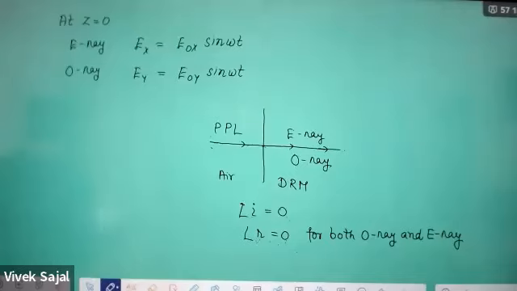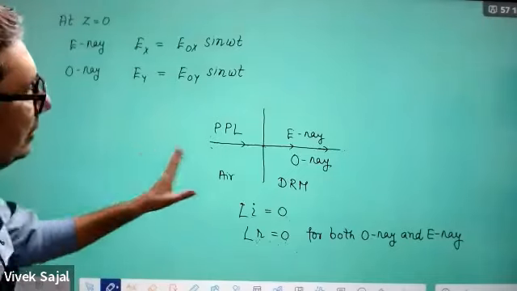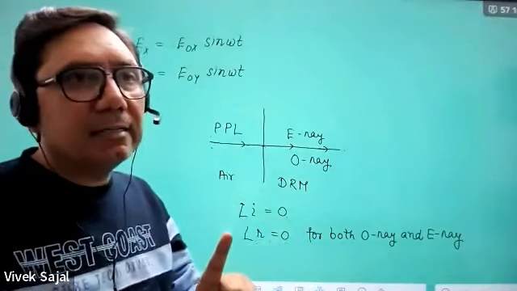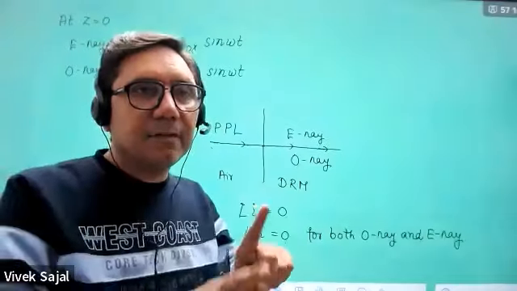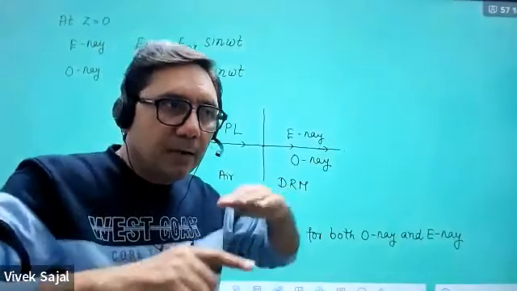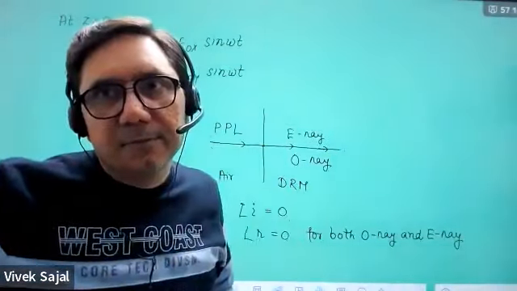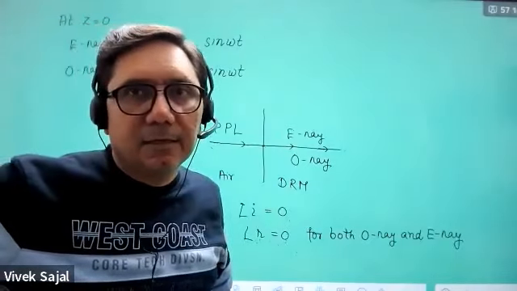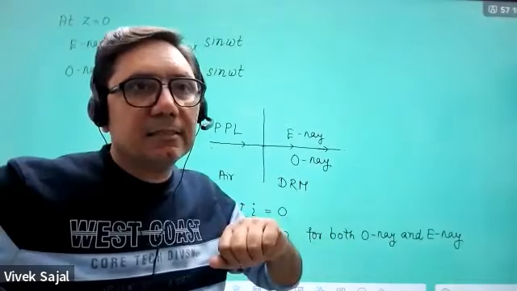Tell me one thing. What is the definition of E ray? Just think about the definition of E ray. E ray is that plane polarized light whose electric vector is parallel to the principal section. And what is principal section?